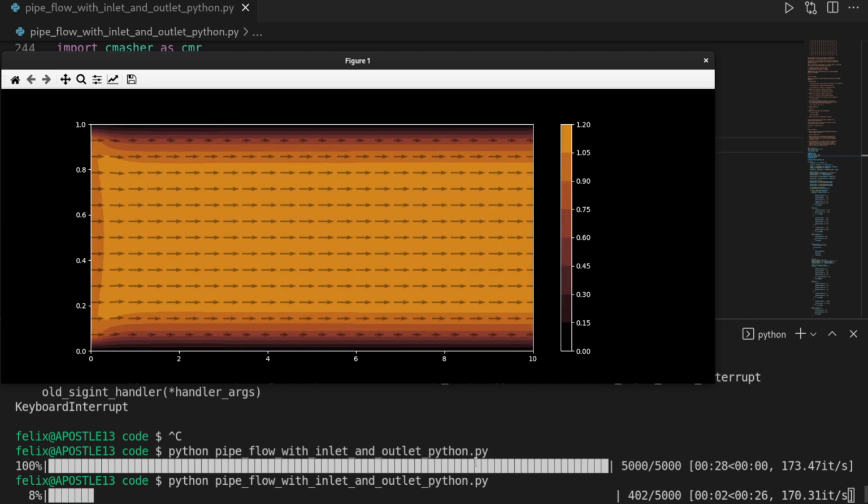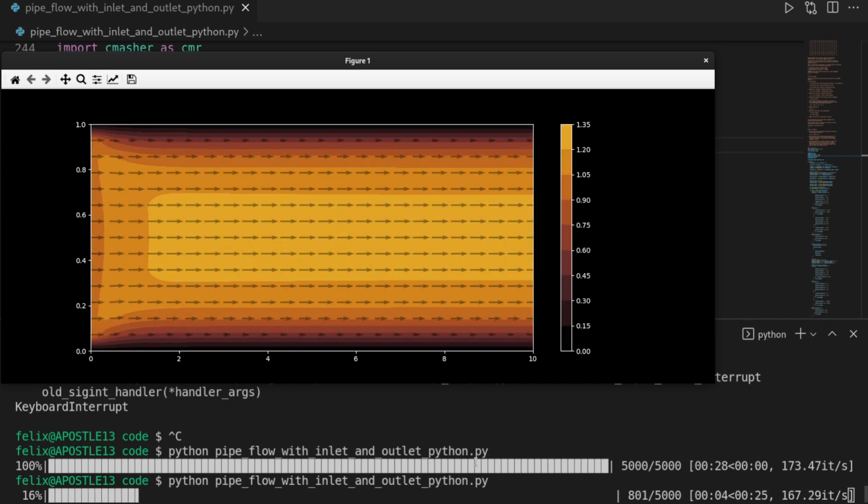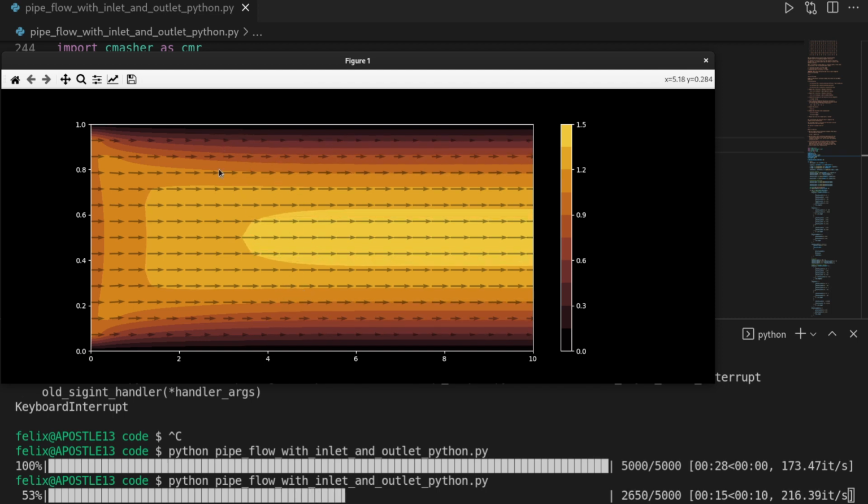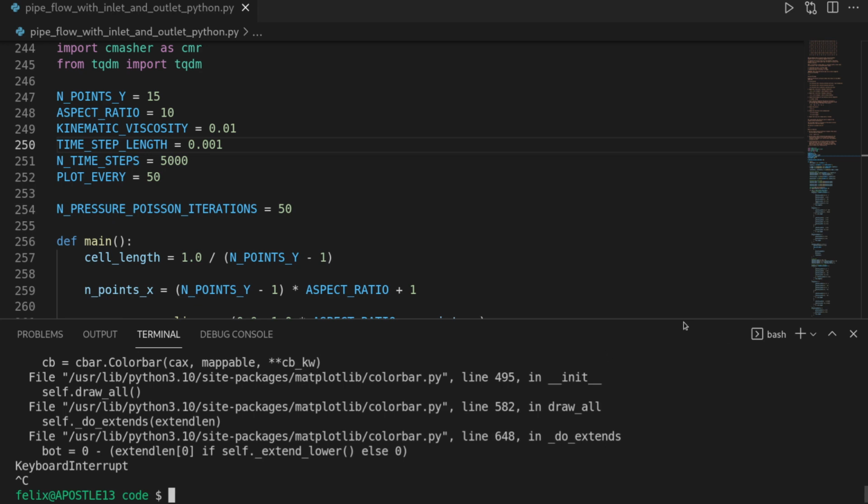Yes, that's also now way faster, and we don't have to wait so long in order to get the almost steady state. But I also want to show one more thing, that the distribution of the vectors, or how they are pointing in x direction, is actually this Hagen-Poiseuille parabolic profile. Oh, by the way, now you see we have reached the steady state. The solution does not change anymore, but let me close that down.